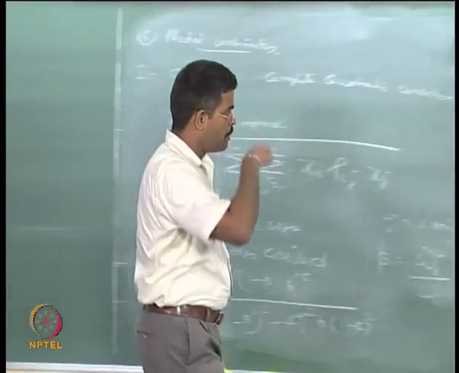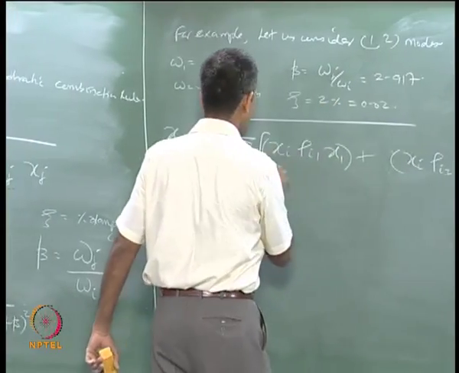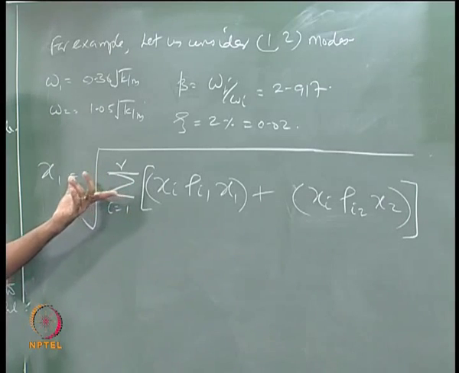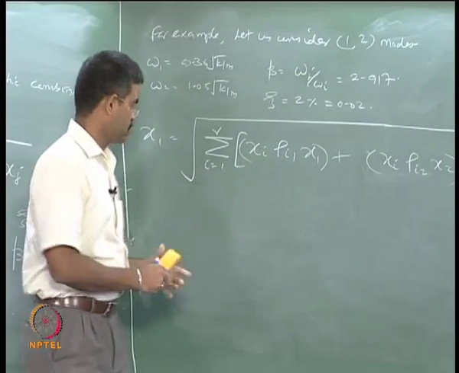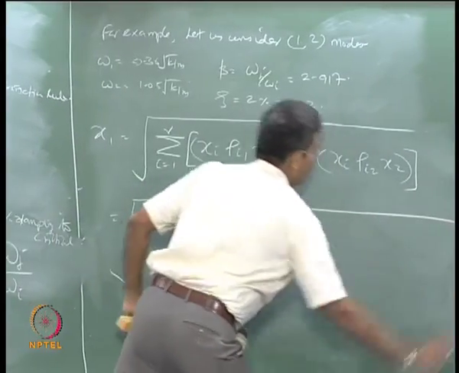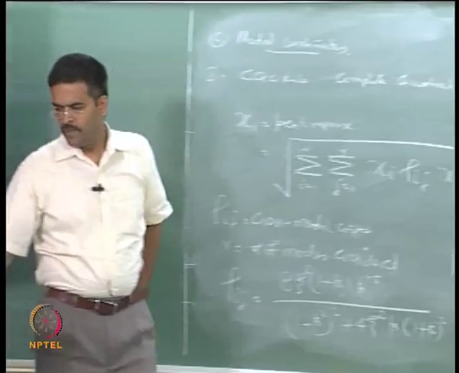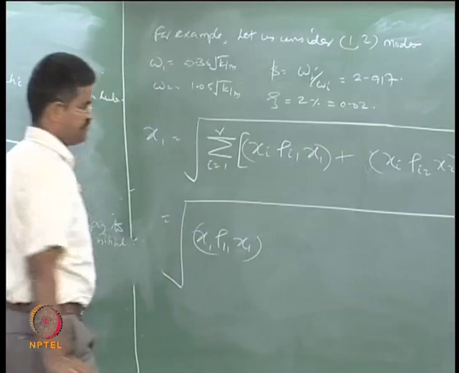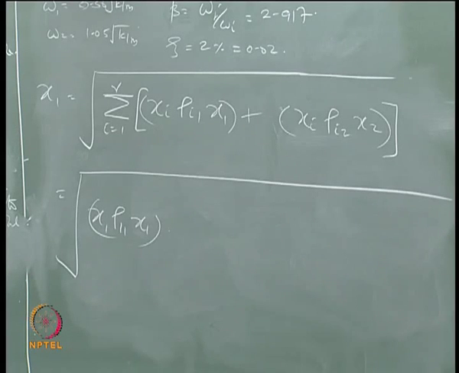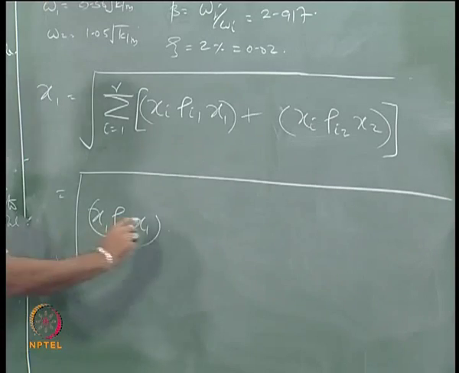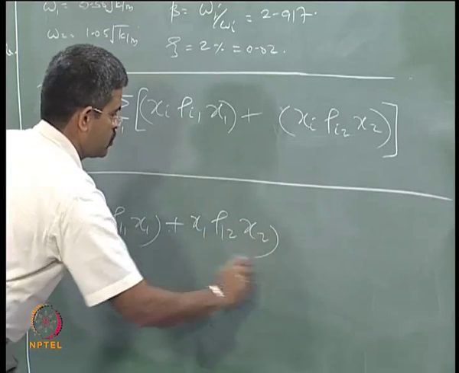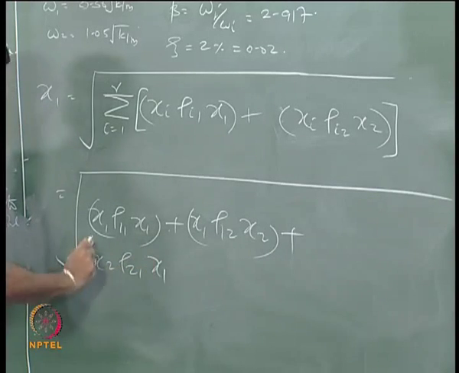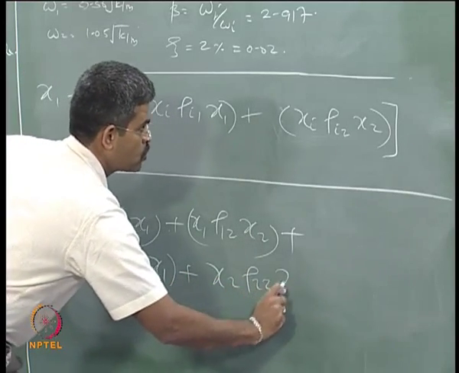The summation is common for all, i is common for both. Now when I expand this also, I will have 4 terms. Square root of x1 rho 11 x1 plus x1 rho 12 x2 plus x2 rho 21 x1 plus x2 rho 22 x2, is that okay?